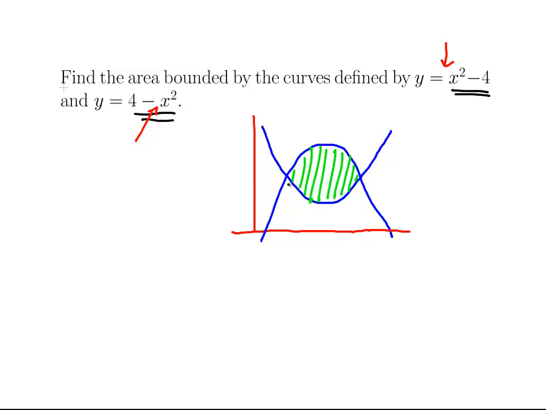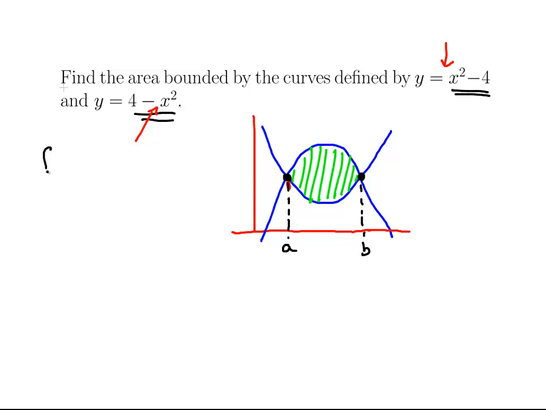What we are interested in now is finding out the a and b, so we find the points of intersection, or the x-coordinates of the points of intersection, a and b.